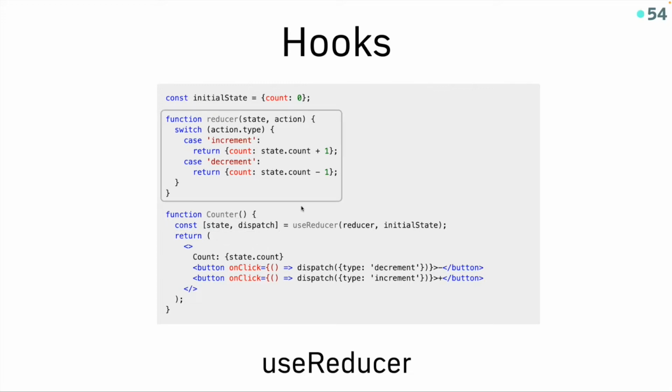For the reducer function that you have to provide, it takes the old state and an action. The action is usually an object. It's just to differentiate what you want to do, that you pass down in the dispatch.